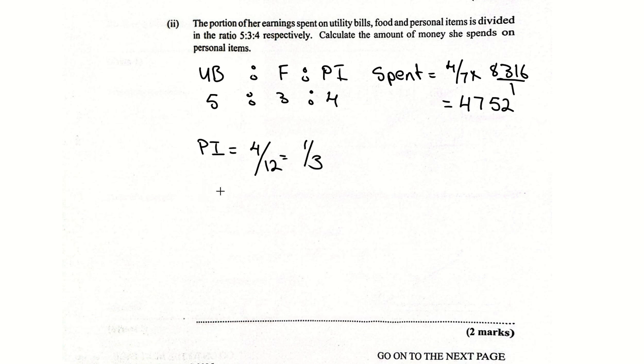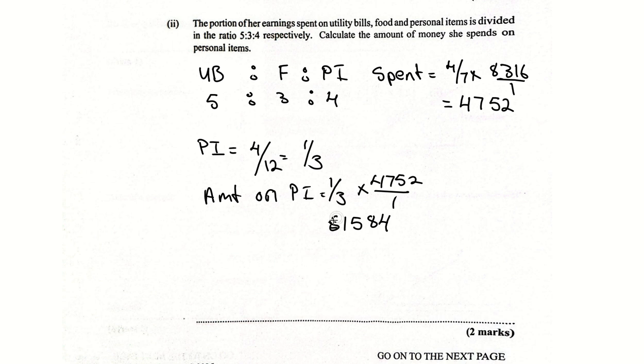So the amount on personal items would be a third multiplied by 4,752/1, which would be 1,584. And that is how much she would have spent on personal items.